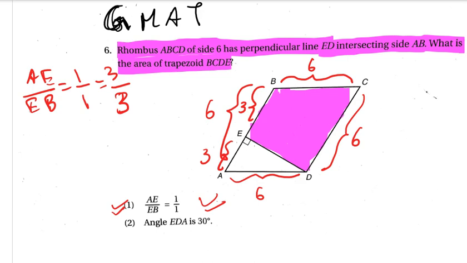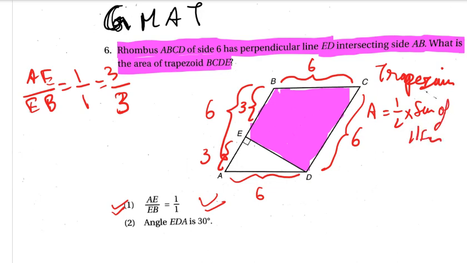Now see, what is BCDE? It's a trapezium, right? What is the formula for the area of a trapezium? Half into sum of parallel sides into the height of the trapezium. And what is the height of the trapezium? ED is the height of the trapezium.